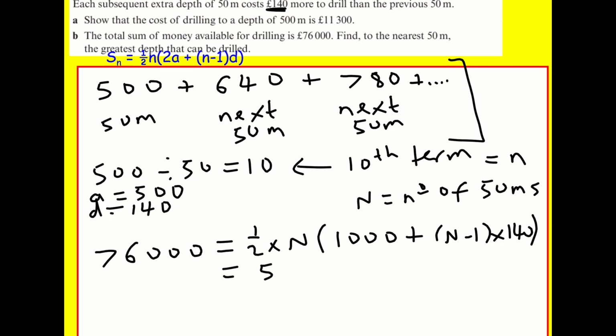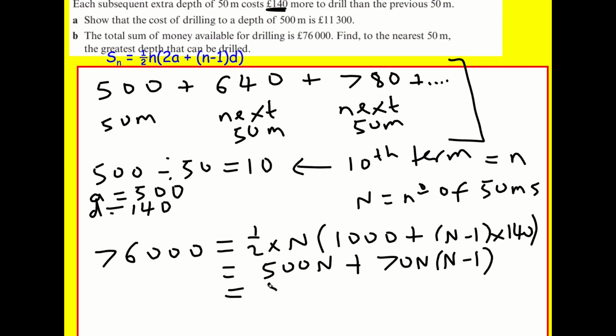So it's going to be 500n plus 70n, n minus 1, because I've just halved 140 and then I brought that to the front along with that n.